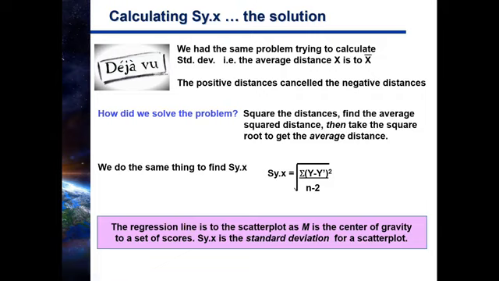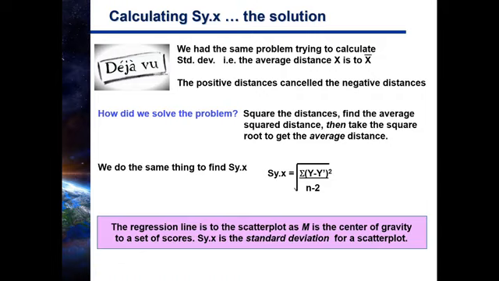X bar and mu are trying to find the sweet spot for a set of scores, the center of gravity. Well, the regression line is trying to find the sweet spot for the dots on a scatter plot. It's like it's trying to find the center of gravity for all the dots. But we don't generally call it that. We say it is minimizing the average vertical distance scores are to the line, the y values are to the line.